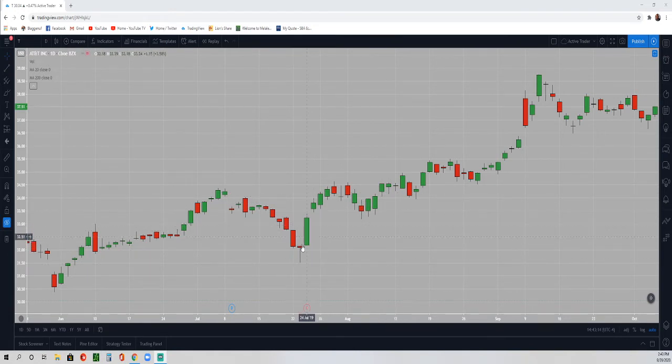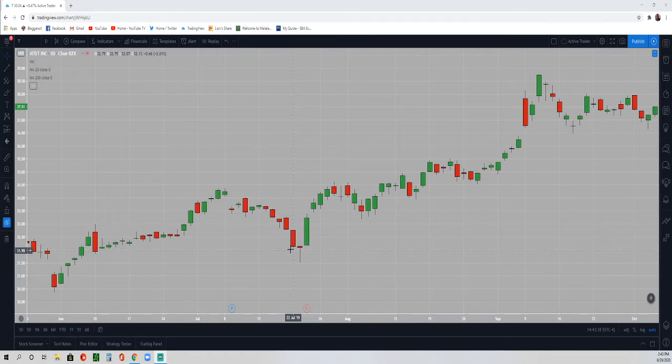This big green bar, when you're looking at a candle, is called the body. This part where the square is, is the body. The red candlestick next to it is a small part. That's the body, right here.